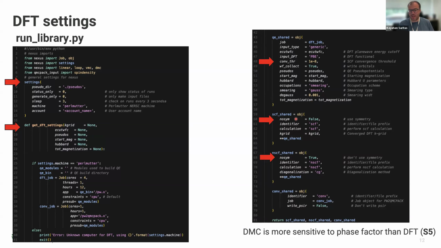Going from an SCF calculation to an NSCF calculation, you only need the charge density to supply the NSCF calculation. In the DFT codes, the reason why you are disabling the symmetry, or setting nosym equal true, in an NSCF calculation is because the wave function that you generate in an NSCF calculation will be converted to the wave function that will be used in the QMCPACK calculation.